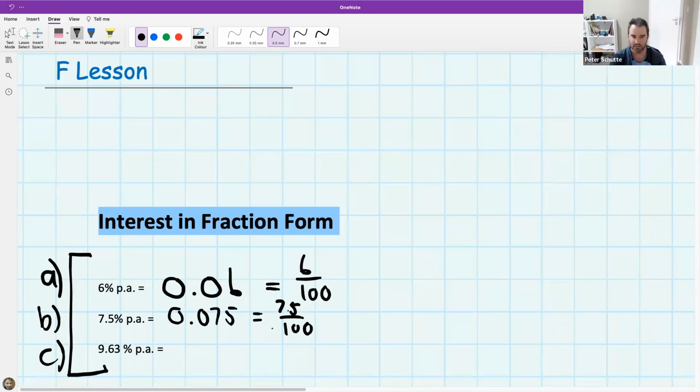And what about C? What do we think C is going to be?